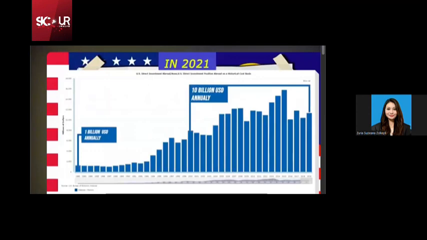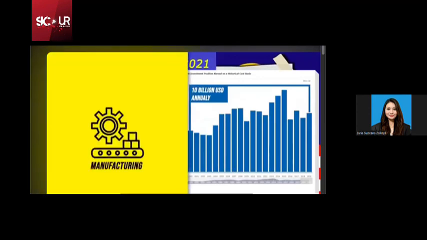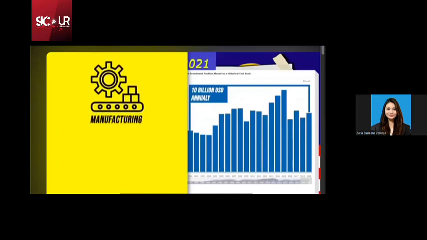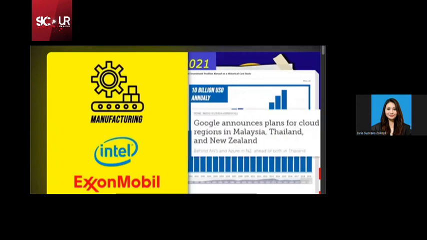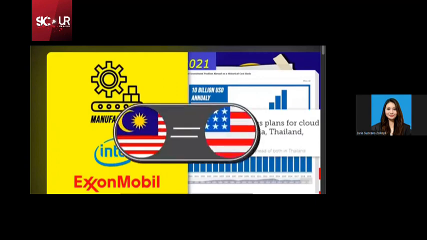This has always been evident across the numerous industries of Malaysia, whether through manufacturing, where we saw big chip companies such as Intel establish a huge billion-dollar presence in the country, to ExxonMobil, where the U.S. oil and gas firm has proudly named Malaysia as one of their major oil producers and suppliers of natural gas businesses, and even recently, where several U.S.-based firms have gone to Malaysia to construct data centers. The two nations, truly, in many ways, have exchanged vital key economic engines that encompass their neighboring countries.